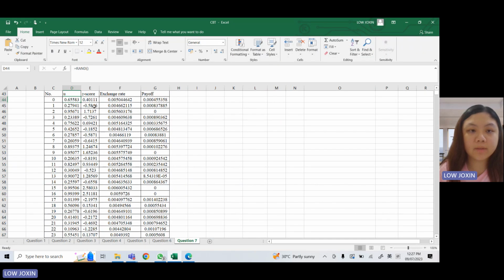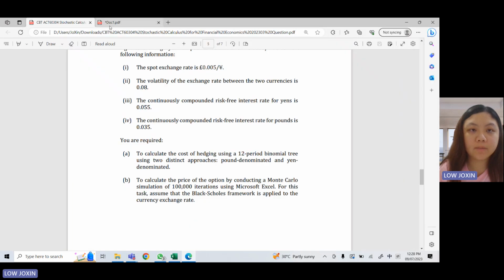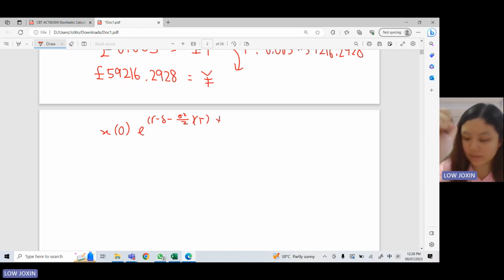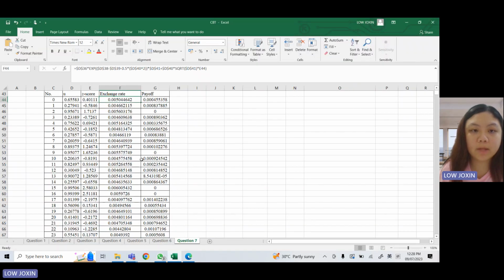So we convert the random number into z-score, and then we can find the exchange rate. So same thing, the exchange rate will be x0 multiplied with e to the power of (r minus delta minus sigma square over 2) times T plus sigma square root T times the Z. So using this formula, we can get the exchange rate here.